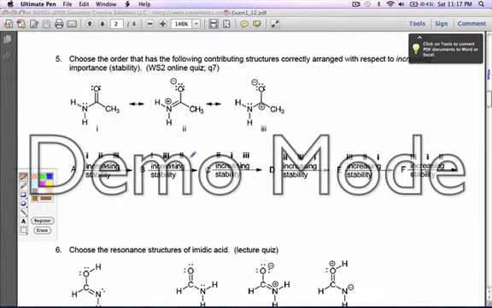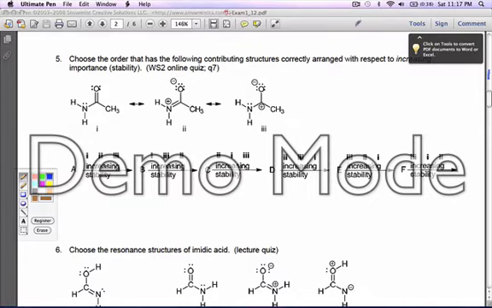One of the key components that we know about resonance that is very important to remember is resonance is not showing different molecules, but rather the same molecule.